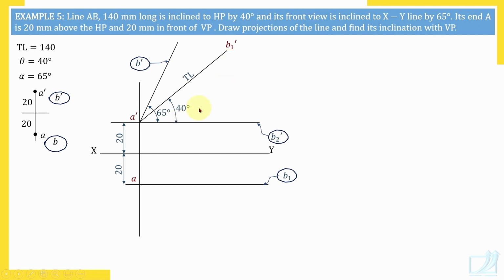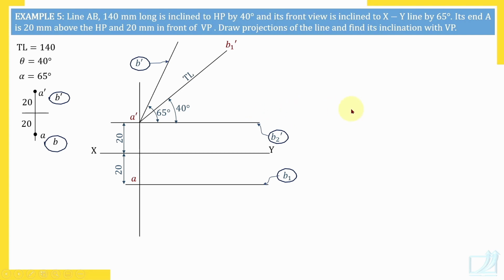Remember now, if angle is known, say alpha or beta or theta or phi, but corresponding length is unknown, of course, in this case true length is given, but length EL was unknown. In that case, you draw simply a line at that angle and label in this manner which other point on that line.